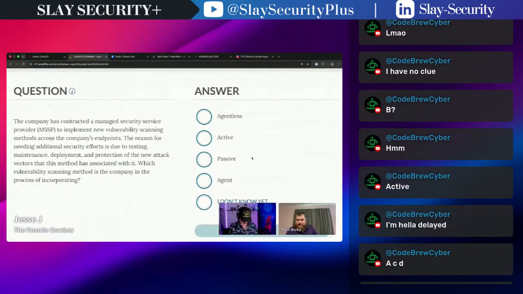The company's contracted an MSSP to implement new vulnerability scanning methods across the company's endpoints. The reason for needing additional security efforts is due to testing, maintenance, deployment, and protection of new attack vectors that this method is associated with. Which vulnerability scanning method is the company in the process of incorporating?